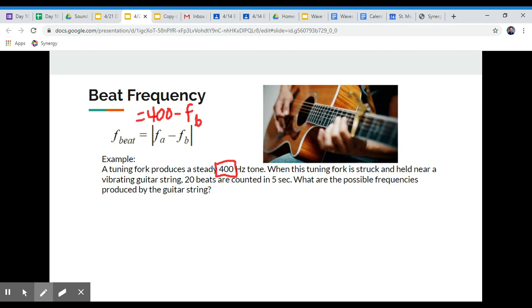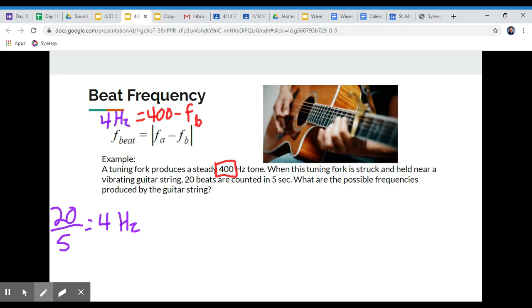And then my beat frequency, that isn't given to us directly, but they tell us that we have 20 beats every 5 seconds. Okay, so 20 beats every 5 seconds would give us a frequency of 4 hertz. So that is actually going to be our beat frequency, 4 hertz. So what are the possible frequencies produced by this guitar string?